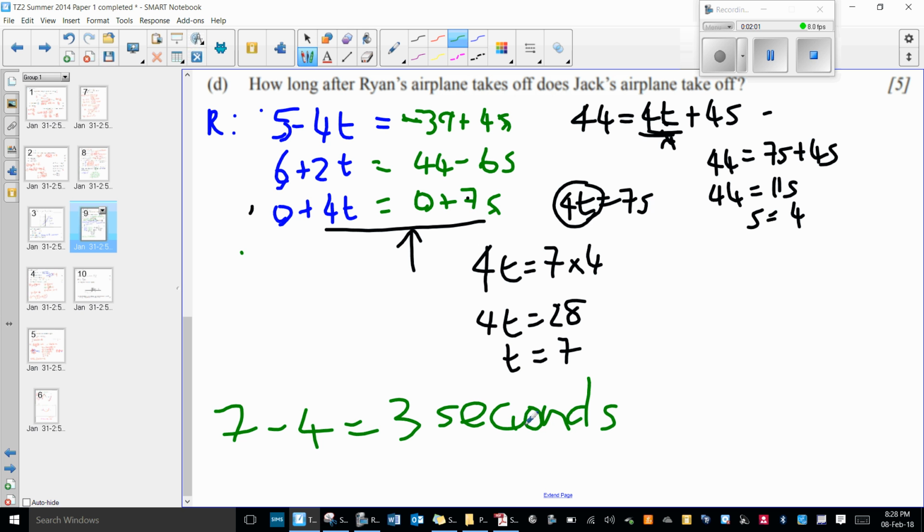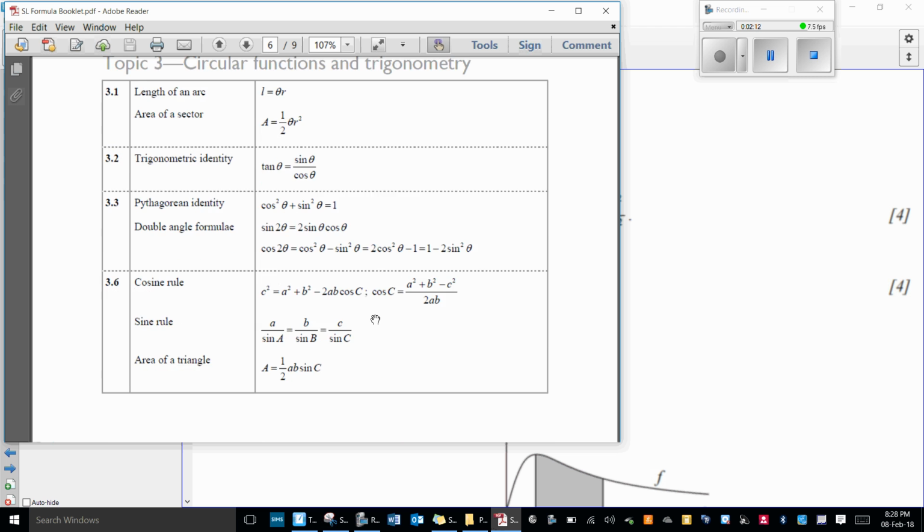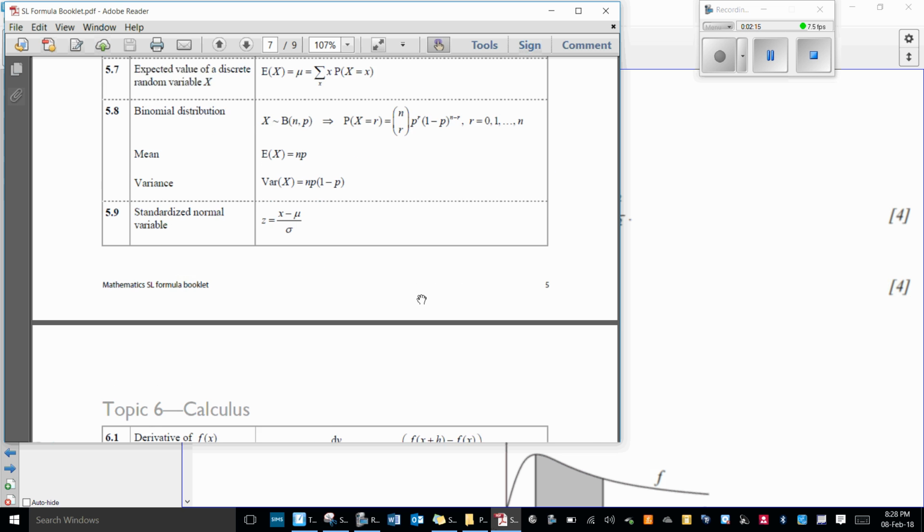Okay, last question. Let x equals blur. Use the quotient rule. Right, so let's remind ourselves what the quotient rule is.